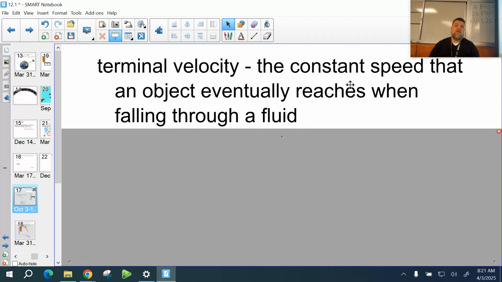And what a parachute actually does is it gathers more air molecules, so that makes your terminal velocity even slower. That's how they work. So you basically fall down at a slow speed.